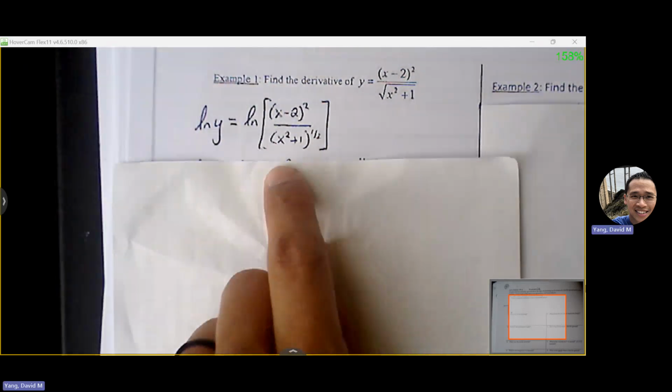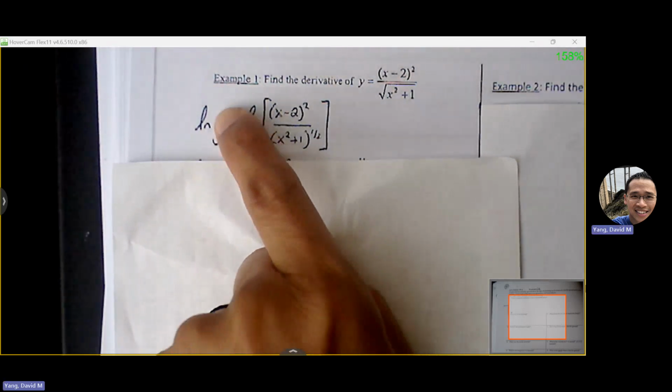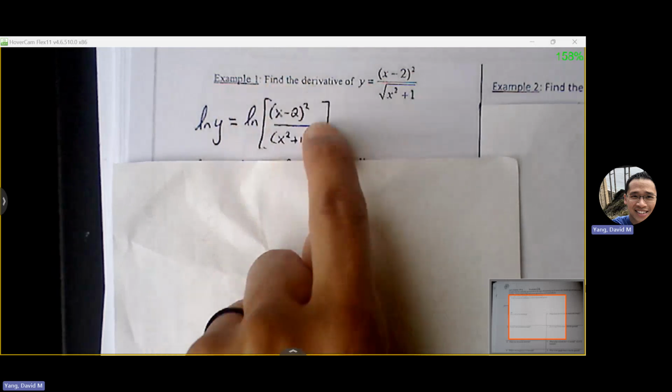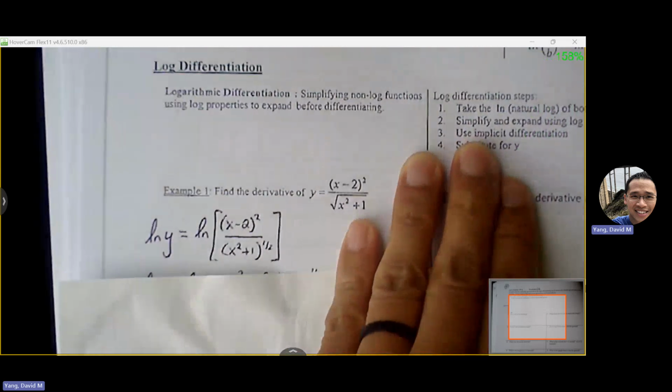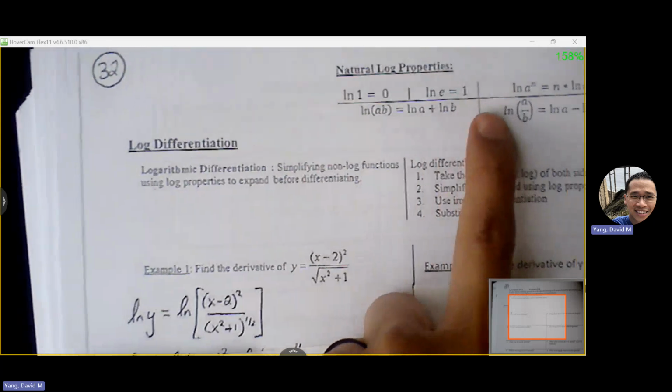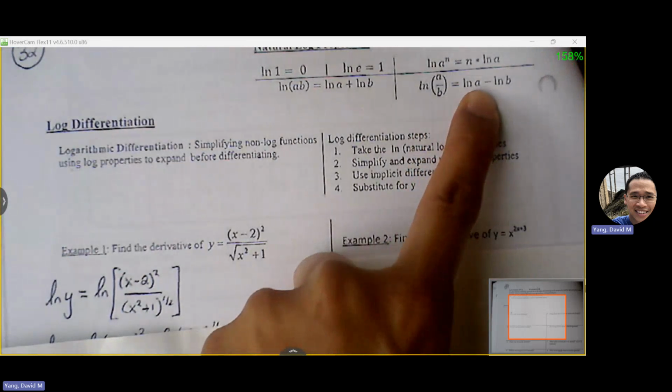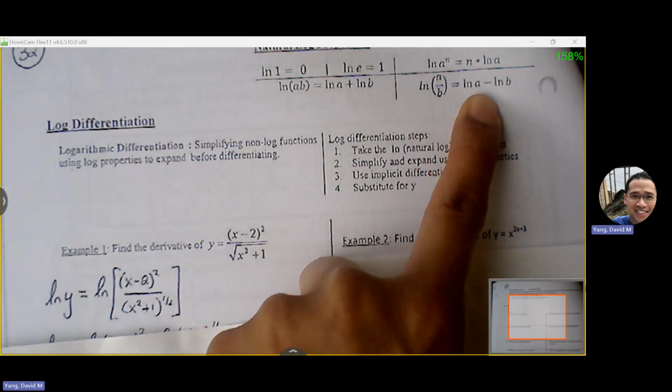And now that we've taken logs of both sides, we can use some properties, right? This is basically natural log of A over B, and I can take advantage of my quotient property and split them up into the difference of two logs.